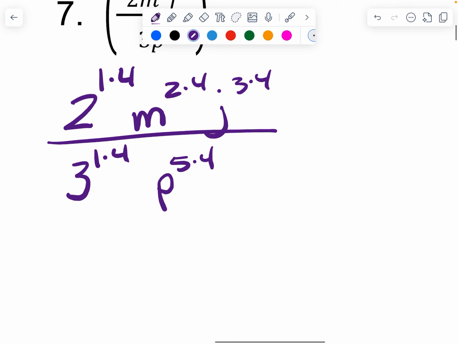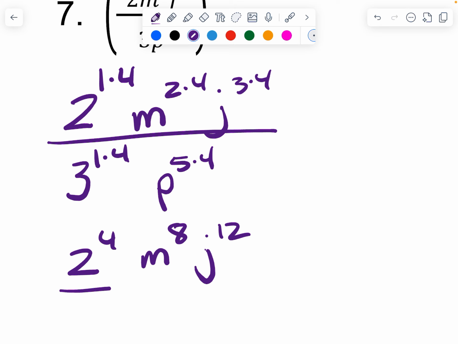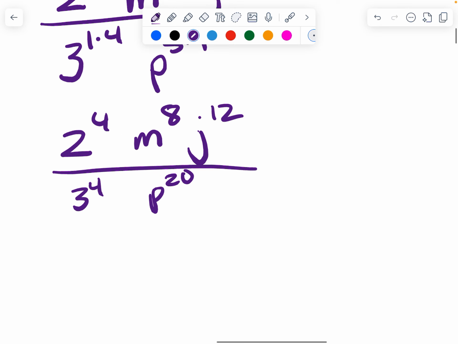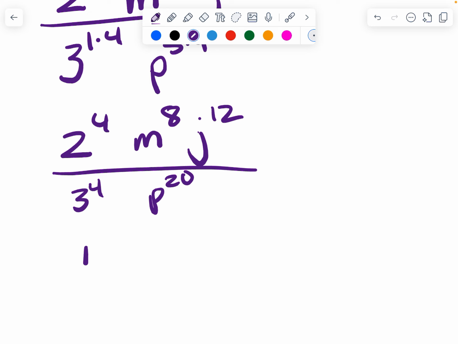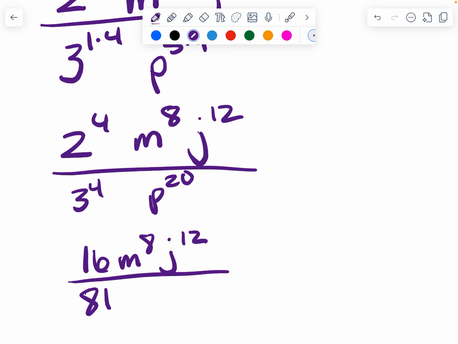And when I do that, I get 2 to the 4th, m to the 8th, j to the 12th, over 3 to the 4th, p to the 20th. So that's going to get me 16 m to the 8th, j to the 12th, over 81 p to the 20th.